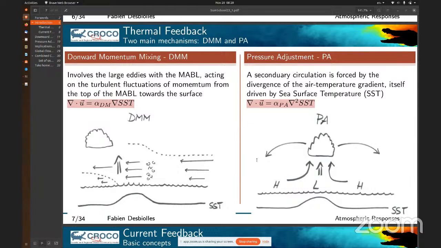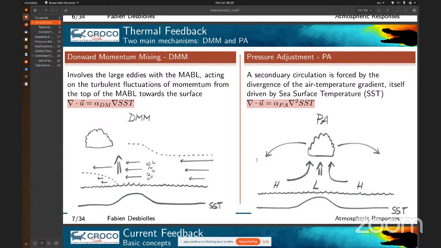That concerns the whole mixed layer column of the upper atmosphere, acting on turbulent fluctuation of momentum from the top to the bottom. When I say bottom, it is the interface with the sea.